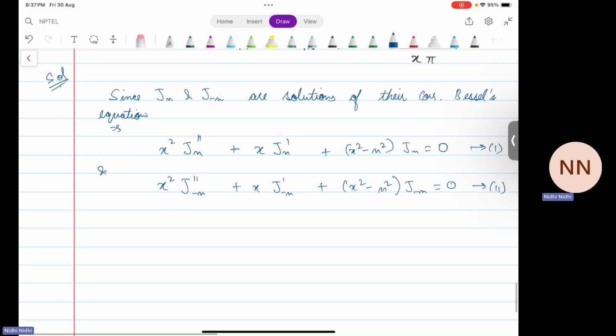Now we'll multiply the first by J_(-n) and the second by J_n, and then subtract.